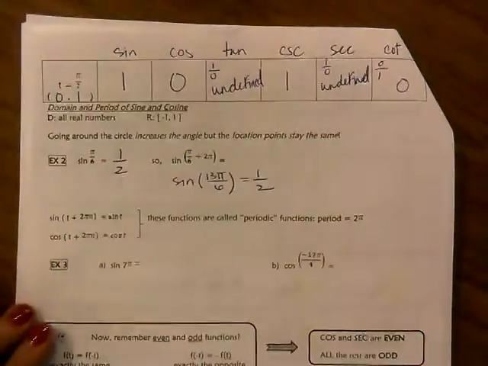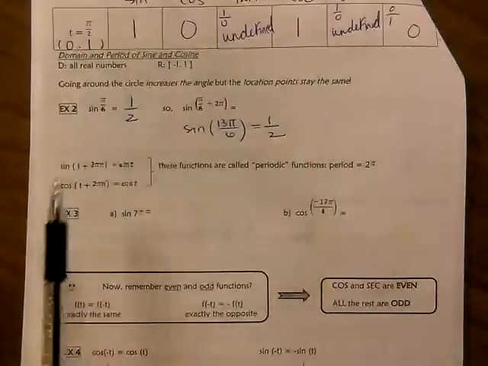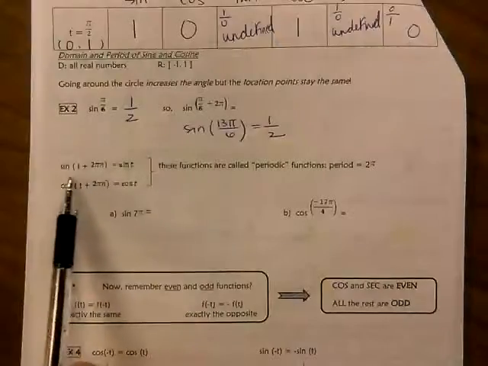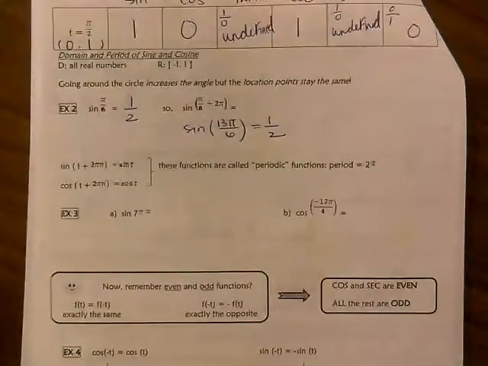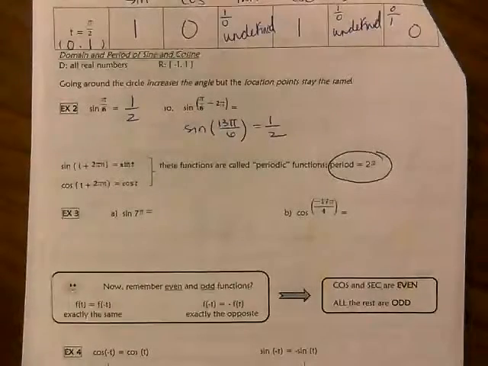Okay? These are called periodic functions now. It's the same idea as a coterminal angle, really. So the sine of an angle plus 2 pi, however many times, is still going to be the sine. Same thing with cosine or tangent or any other trig function. If you add a full revolution, you end up in the same spot. This is called the periodic function, and that is because the period for sine and cosine is 2 pi.